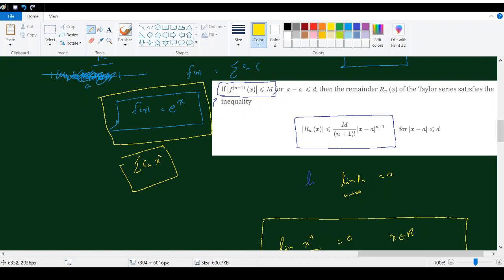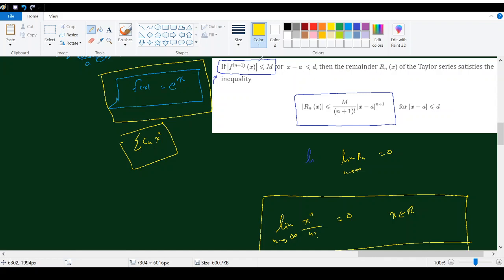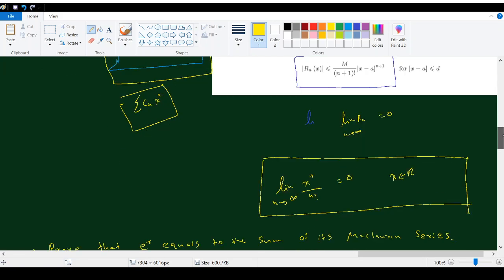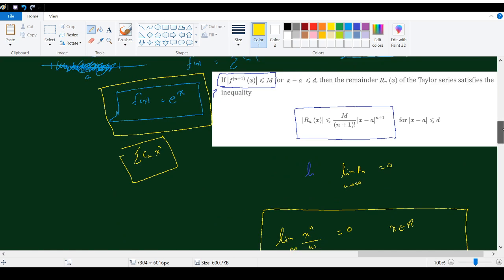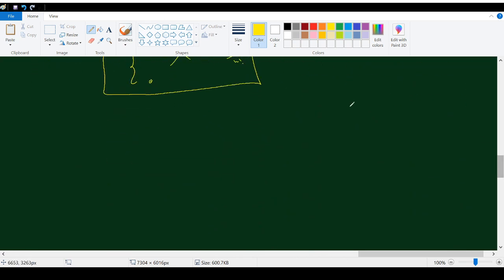Now for this, M can be any non-negative integer, right? So we just have to prove that the n plus 1th derivative is less than or equal to M, right?